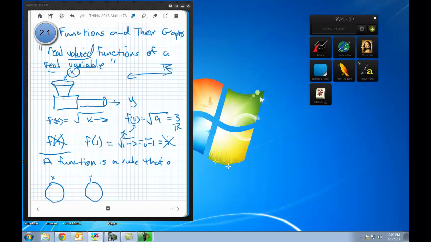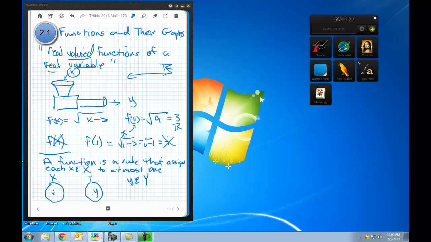that assigns each x, which is an element, that just means it lives in big X, each x in X to at most one little y in big Y. So I take a value over here, which I'm just going to call little x, and then I'm going to take a value over here, which I'm going to call little y.